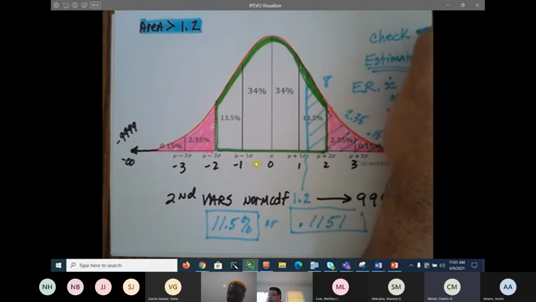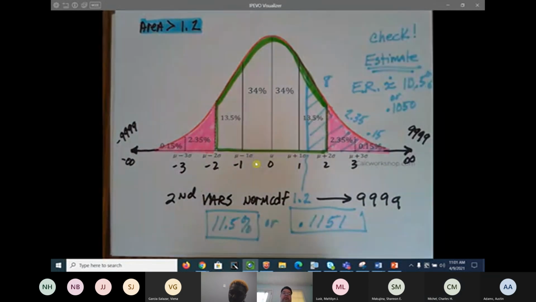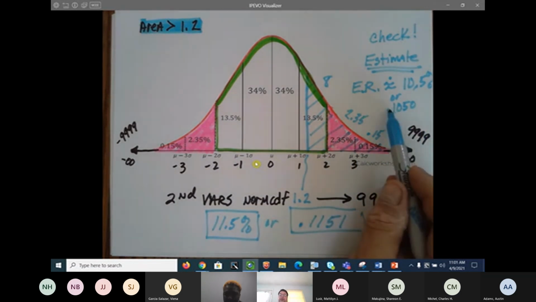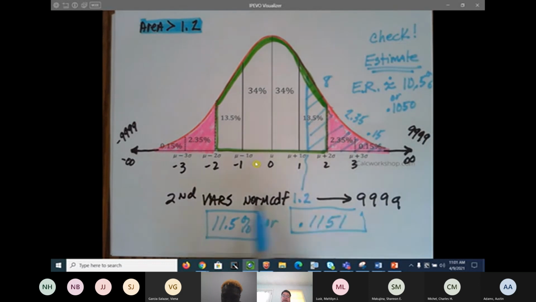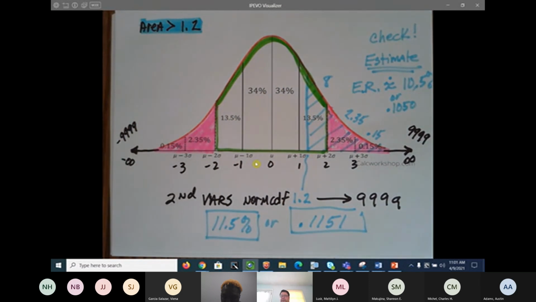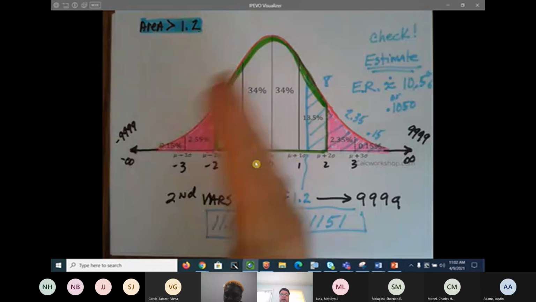Exactly, to kind of check your work, to make sure you're in the right place. So when you do the empirical rule, when you come up with 10.5% and your answer is 11.5, you can pretty much do a thumbs up and say, I'm in the right area. And that's what we're going to be doing in 7.2. And we're going to add on to this Monday.